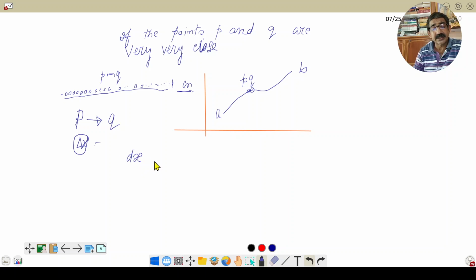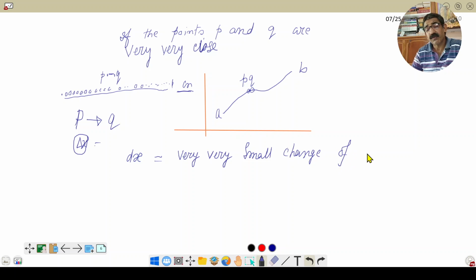So dx is a very, very small change of x.